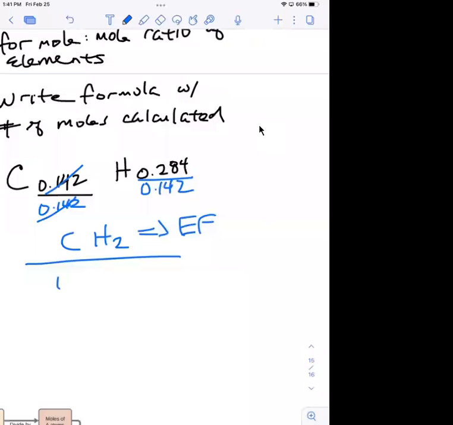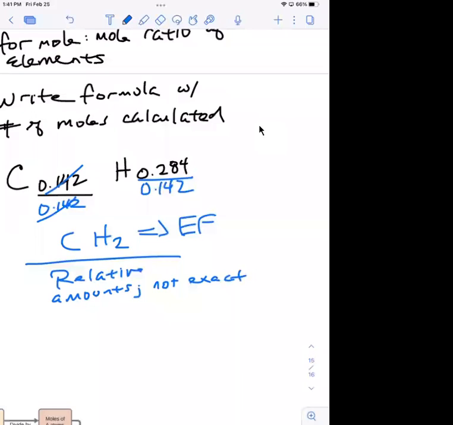So these are relative amounts, not exact amounts. You get the exact amounts from the molecular formula.